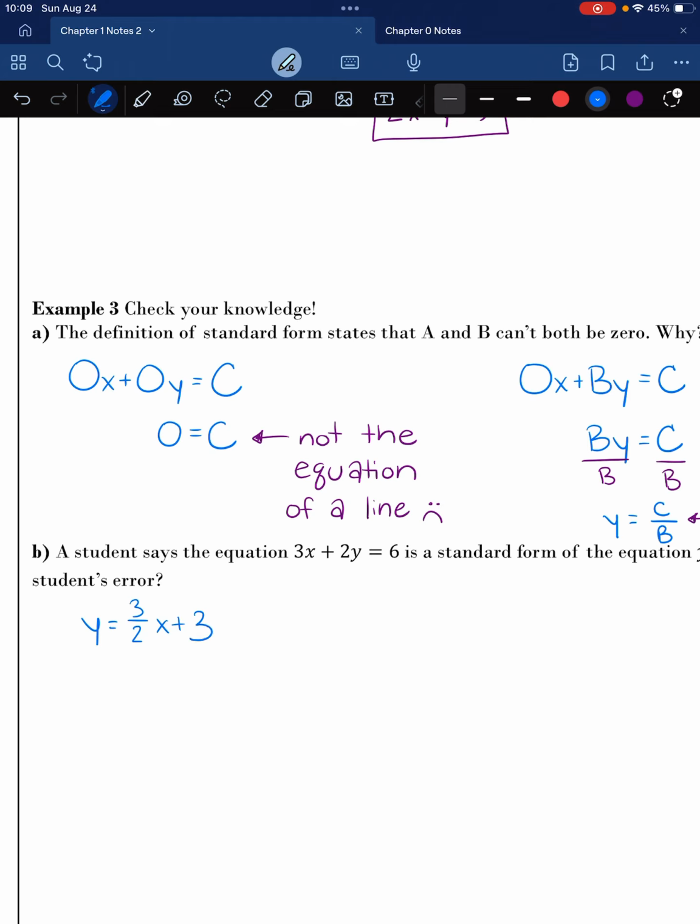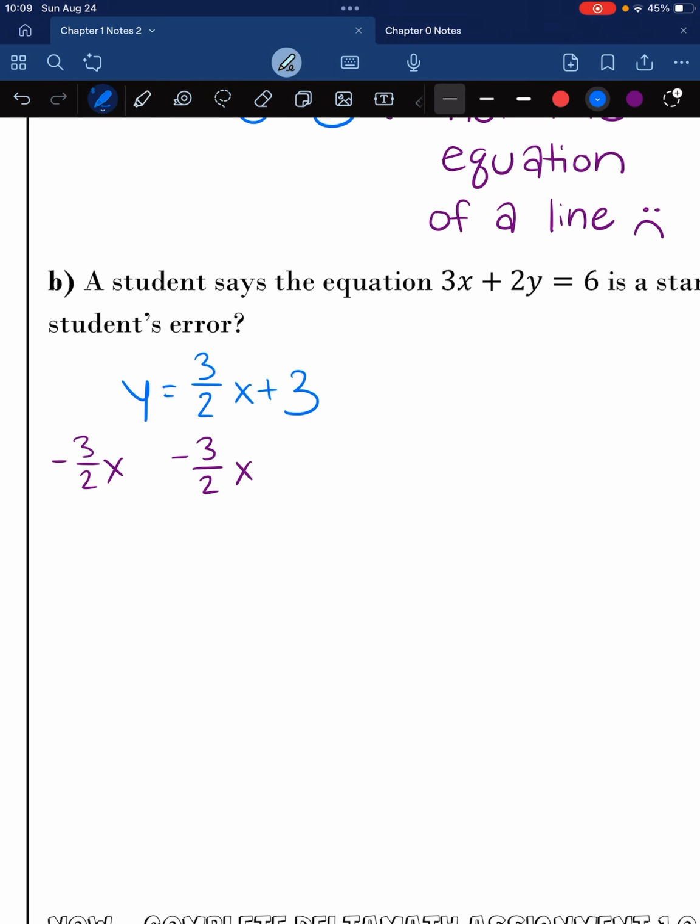Okay, we know that the x and y have to be on the same side. So maybe we can already tell what went wrong, because I see something coming up. x and y are definitely different signs here.